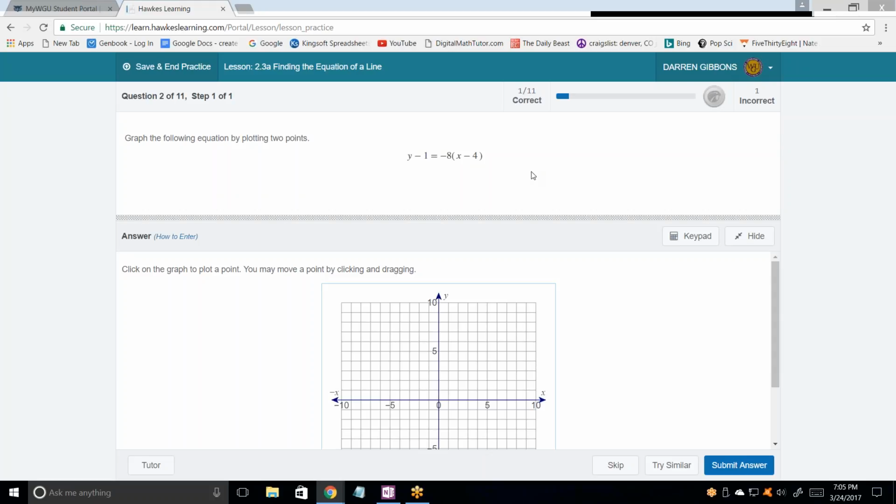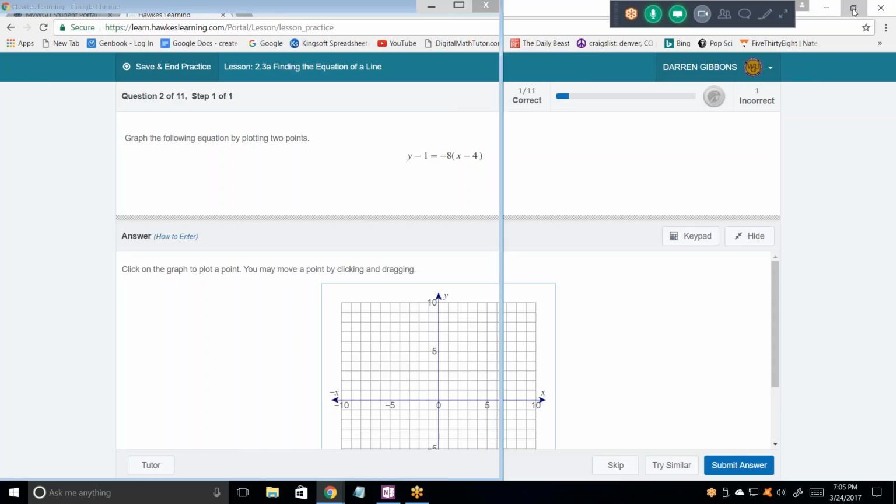Okay, graph the following equation by plotting 2 points. Well, these kinds of questions are actually pretty easy because you can make up a value for x and figure out what y is, and then you can make up another value for x and figure out what y is.